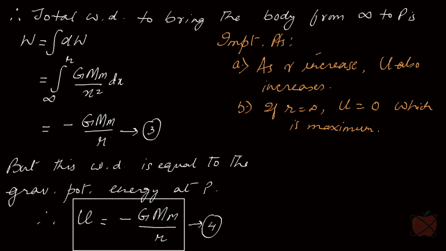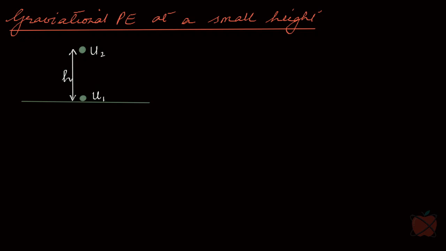Now, let's say we want to find the gravitational potential energy of a body at a small height. Let me write down that heading. In this figure, let's say we have this body on the ground, on the surface.